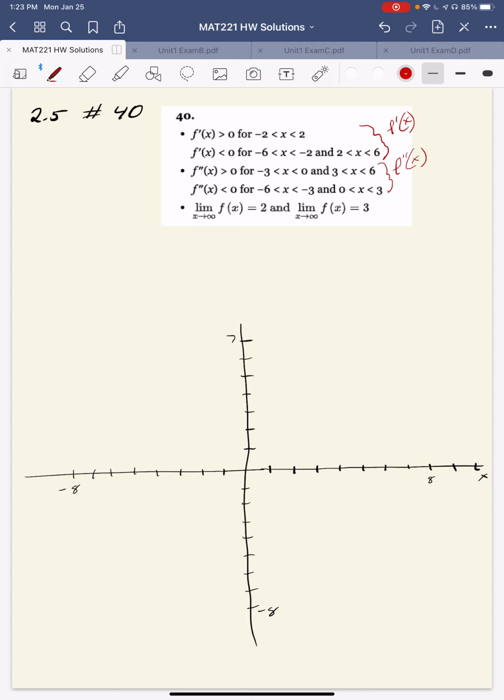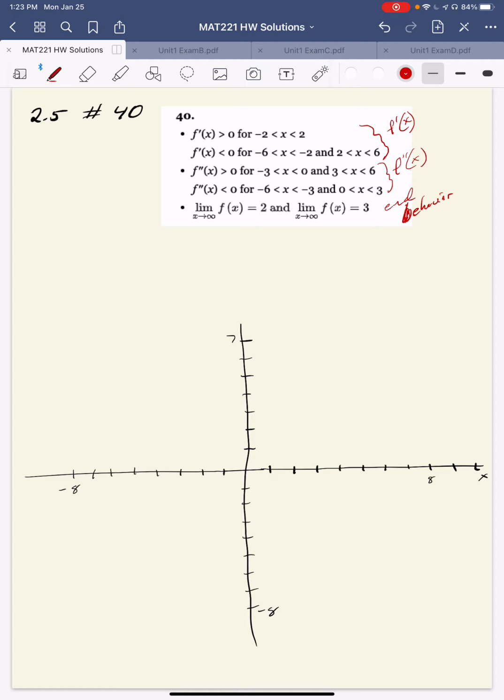And then this third bullet actually tells us about end behavior. So that's looking at large values of x in the negative direction and in the positive direction.